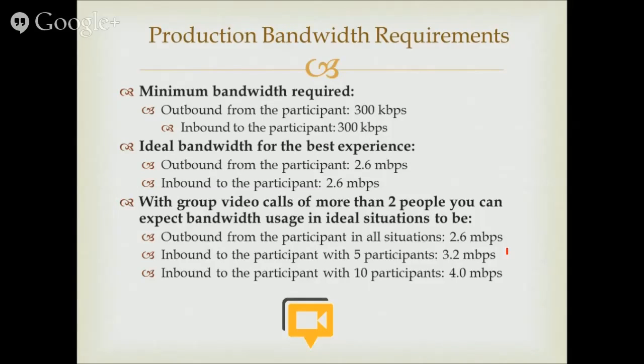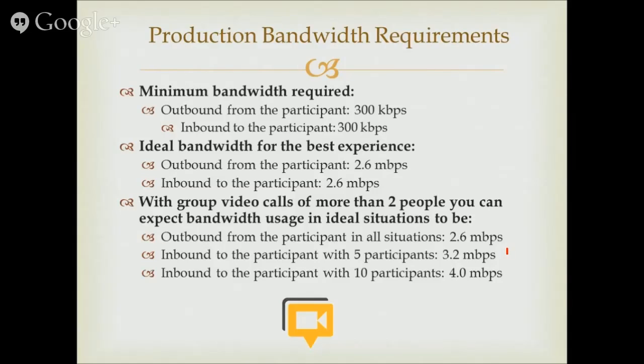The ideal bandwidth for the best experience is about 2.6 megabits per second, both outbound and inbound, and that'll generate a high definition screen. And we'll look at those screen sizes because that can affect bandwidth and usage requirements as well.